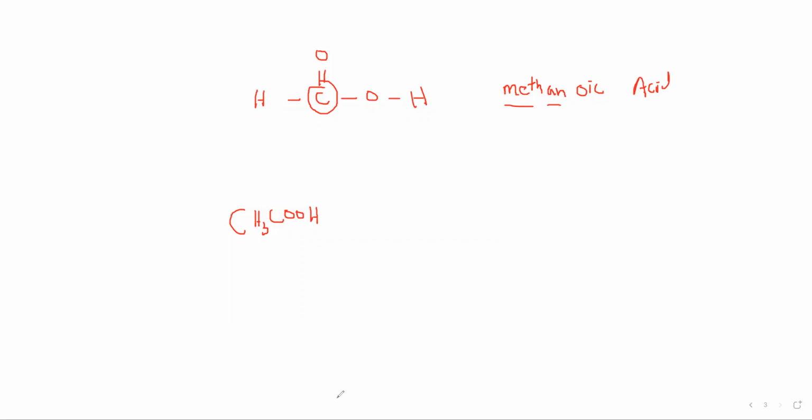It is ethanoic acid because eth because of two carbon atoms, and because they have a single bond, and oic acid because of this COOH. If it is written C3H7COOH, what is the name of this compound? Name of this acid?